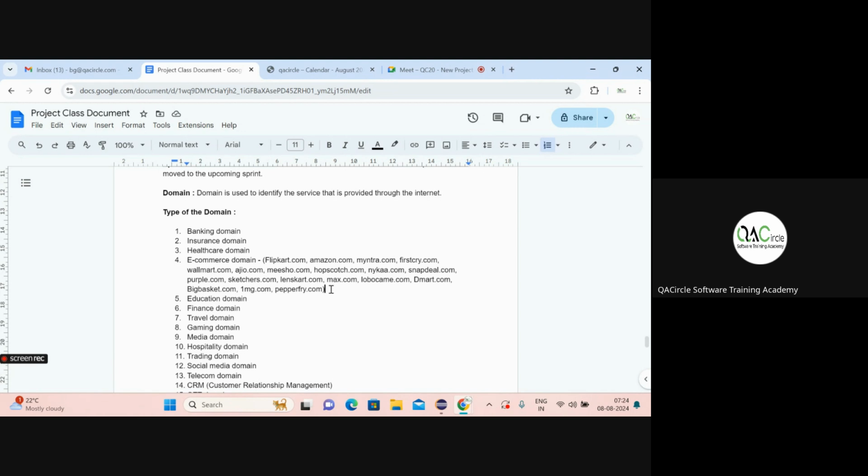So exploration of the application plays a major role. Keeping that in mind, we have an exploratory testing project designed in our project session.